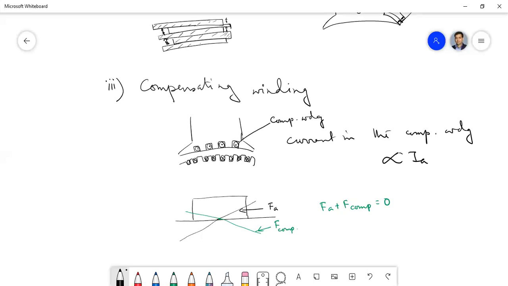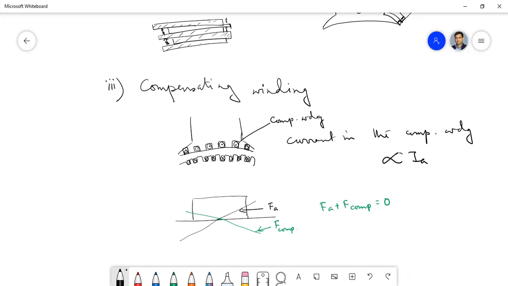Try to understand. Compensating winding has its role of cancelling the armature MMF only in the polar region, but not in the interpolar region. দুটো পোলের মাঝখানে এর কোনো contribution নেই, কেননা তুমি compensating winding টাকে only under the pole place করতে পারো. So that means it will cancel the armature reaction or armature MMF only under the pole.